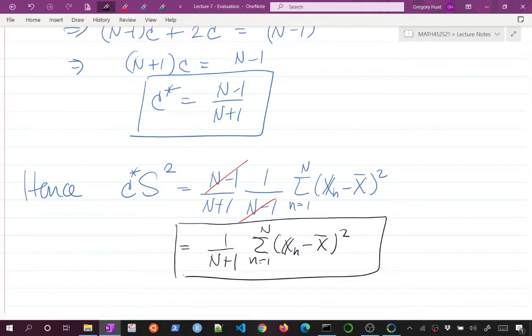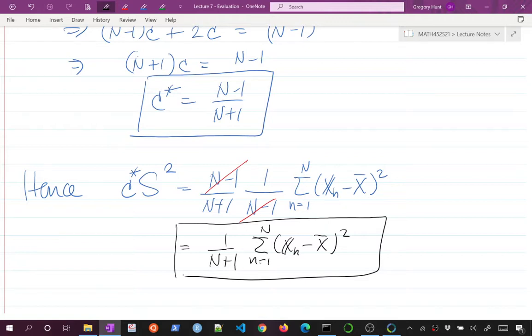It's kind of a cute little fact that if you actually wanted to minimize the MSE of an estimated variance of some multiple of s squared, you should use a denominator of n plus 1, which is kind of cool. People don't really talk about that fact very much.